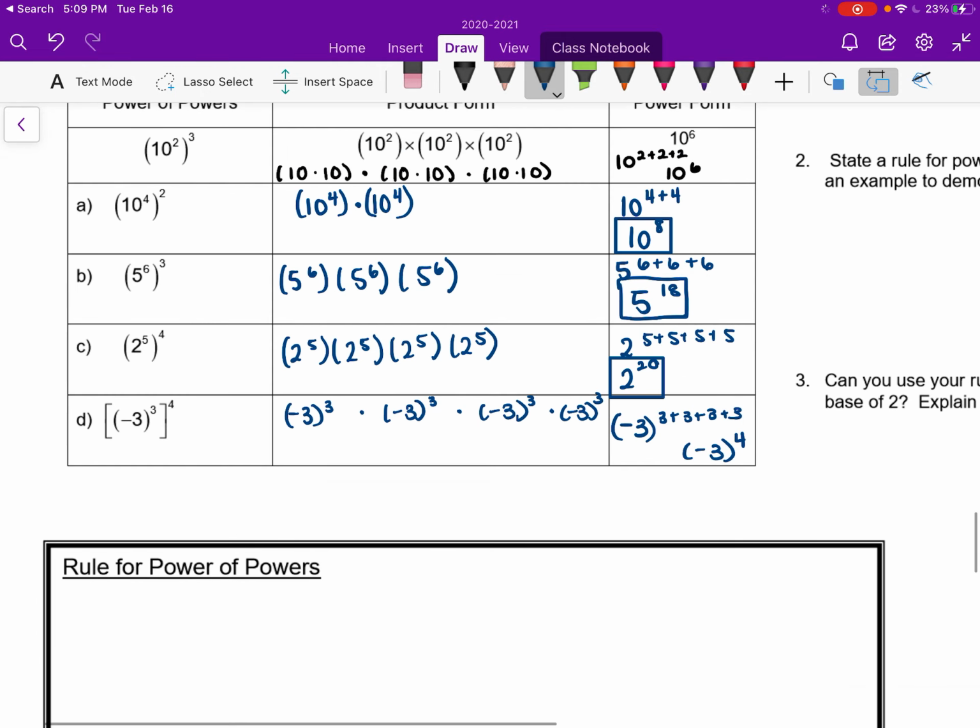Notice how the amount of times you add these powers is the same as the power of the power, right?